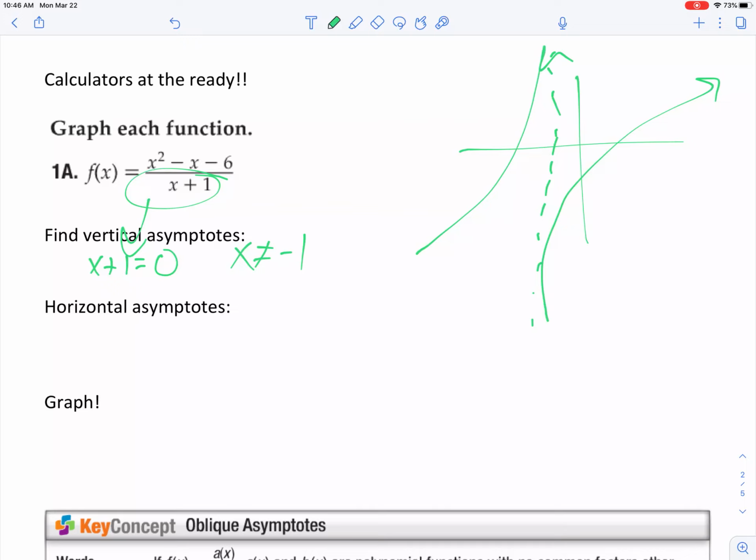Horizontal asymptote, well, hang on a second. Degree of 2, degree of 1. If the top is bigger than the bottom, then there is no horizontal asymptote. And then of course graphing it, I see that in my calculator.